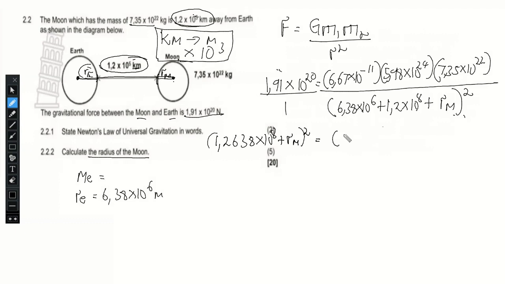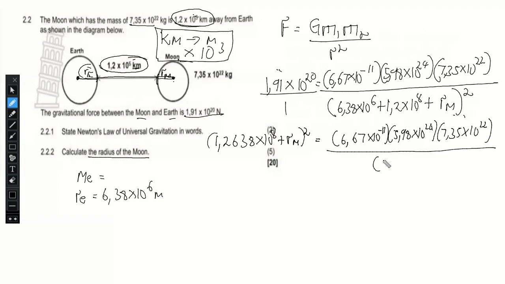Now, swap positions: 6.67 times 10 to the exponent of negative 11 times 5.98 times 10 to the exponent of 24, and then 7.35 times 10 to the exponent of 22, and then over. So if we swap positions, this will now be on the denominator here.